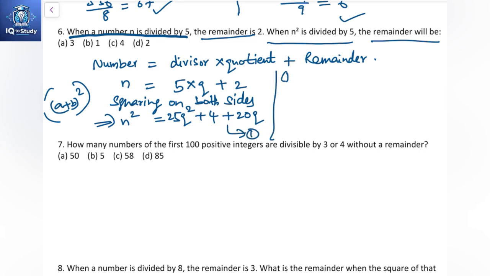Let's divide equation 1 with 5. Means n square by 5 is equal to 5q square plus 4 by 5 plus 4q. From this, the required remainder is clearly 4.